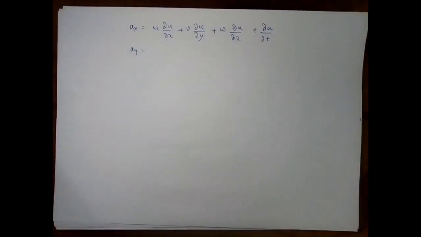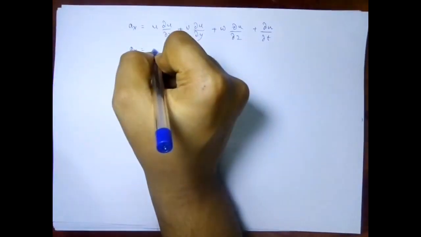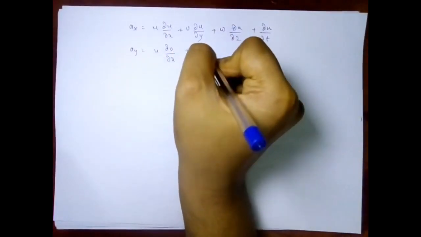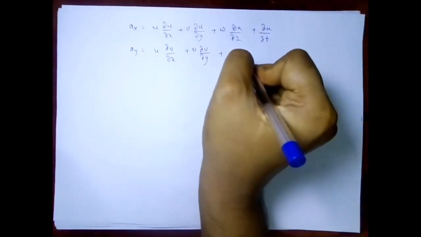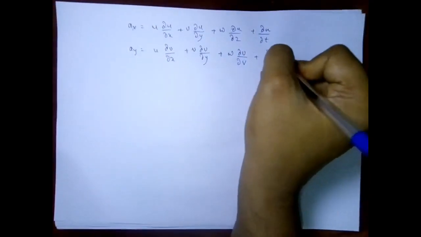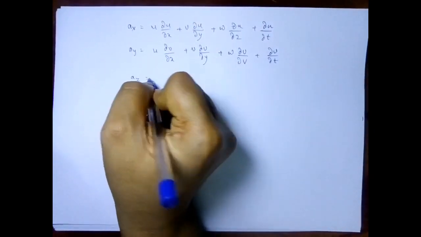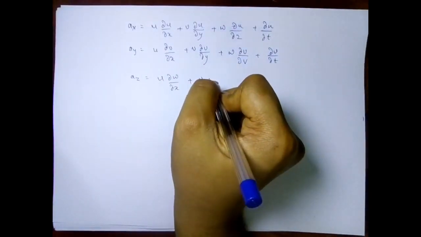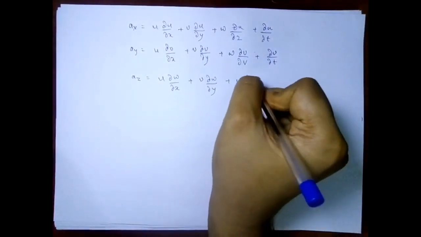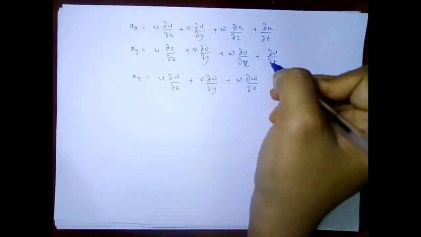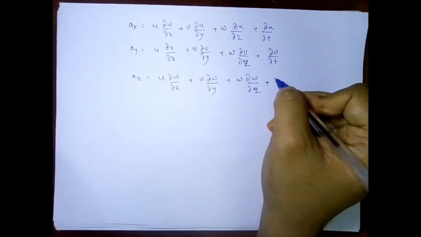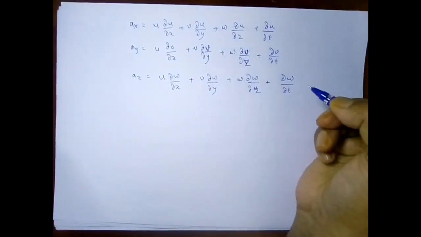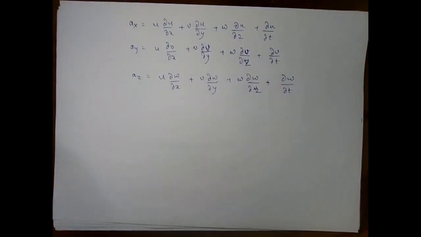Just let's write the equations first. ay will be equal to u del v upon del x plus v del v upon del y plus w del v upon del z plus del v upon del t, and az will be equal to u del w upon del x plus v del w upon del y plus w del w upon del z plus del w upon del t. So this shall be the equation of ax, ay and az.